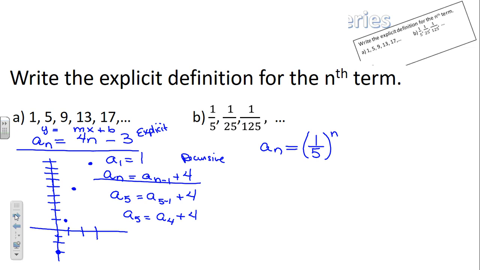Or 1/5 times n. Okay, so let's try either way. So if we try 1/5 times n, when we plug our first number in, 1, do we get 1/5 out? Okay, when we try our second term, we're going to put in 2 for n, do we get 1/25 out? We'll get 2/5. Okay, so that wasn't quite right.